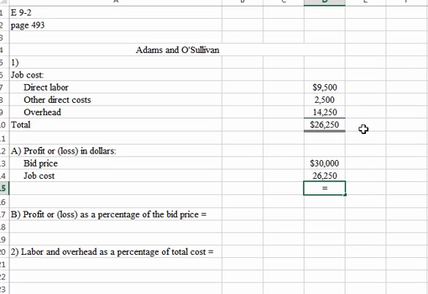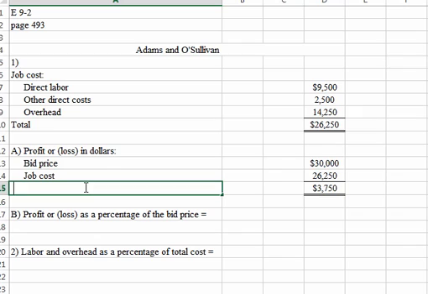The difference in those two, 30,000 minus the 26,250, gives us 3,750. That's our projected profit.